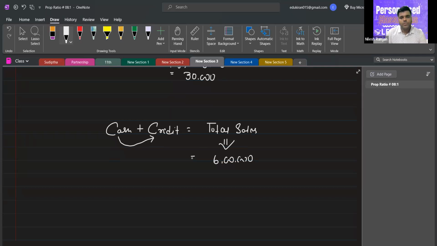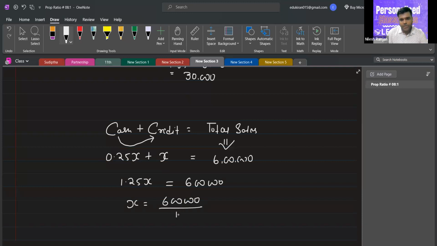So if you assume credit sale as X, then your cash sale will be 0.25X. By adding these two, you will get 6 lakh. So 1.25X equals 6 lakh. X equals 6 lakh divided by 1.25.